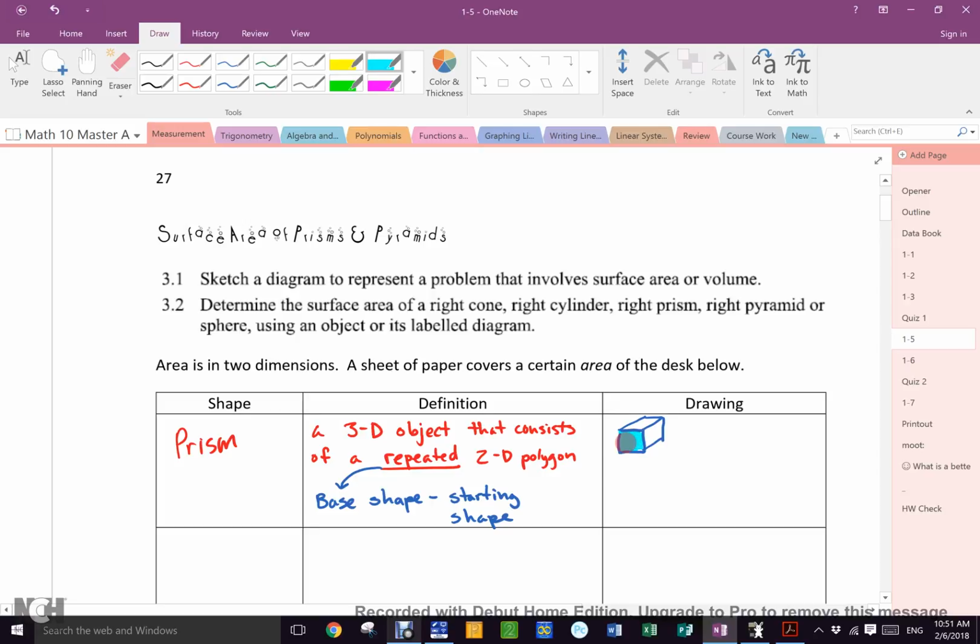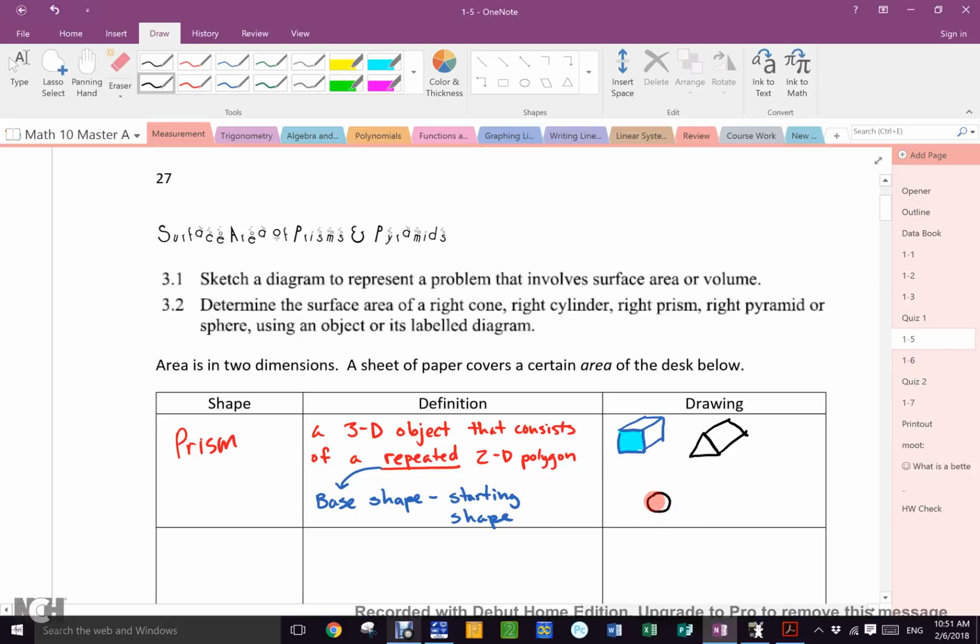Everybody with me? Does that mean a cube is a perfect prism? A cube is a perfect, well, no, it's a perfect rectangular prism. What if I have a triangle like a Toblerone bar? There's the triangle. And it's going to repeat backwards. Kind of like a wedge of cheese as well, right? Everybody cool?